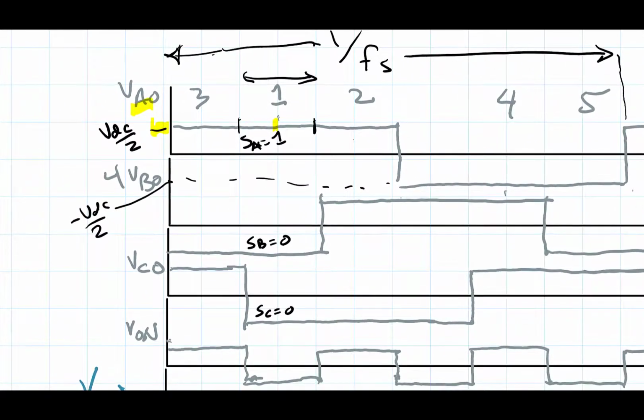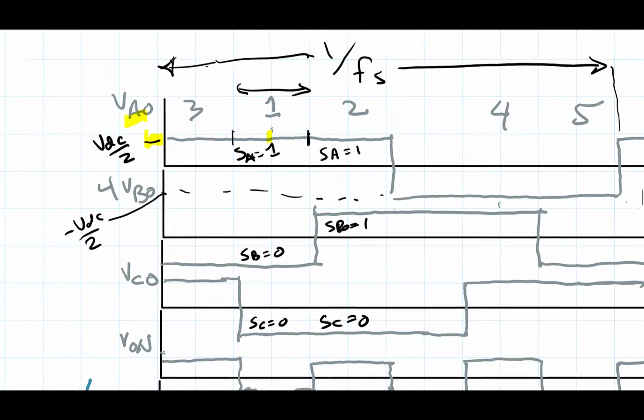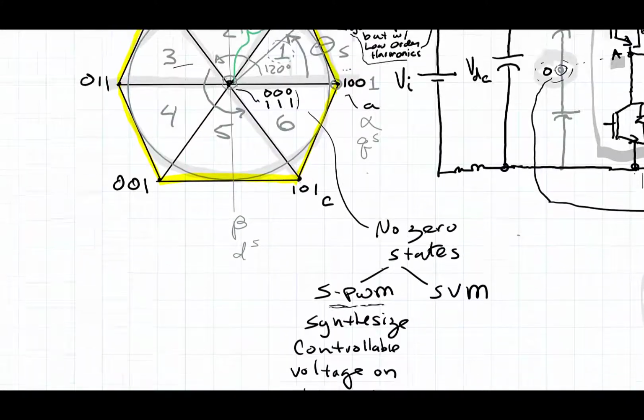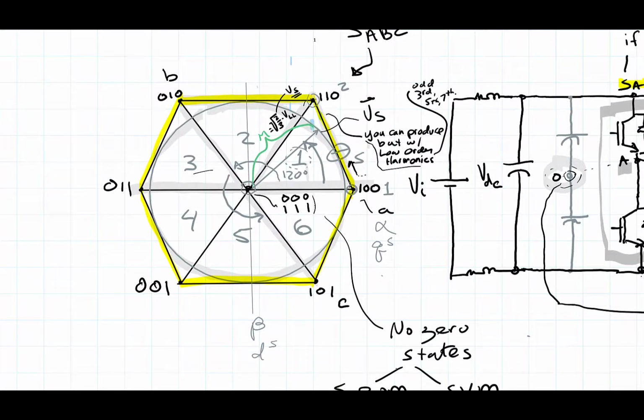So I'm at the 1, 0, 0 state. Then when I get to sector 2, I've got SA equal 1, but now SB equals 1, and SC is equal to 0, and so on. So you can see that as I'm traveling in this direction here, that's representing me going along this outside. I'm in sector 1, and then I get to this point. I'm in sector 2, and I'm traveling on the outside, going in this direction. And because we're going in the direction of these arrows, we call this directionality positive sequence.